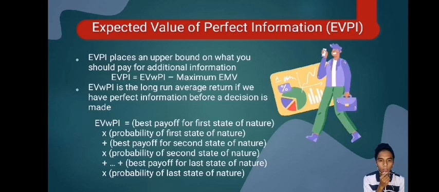Expected value of perfect information is the price that one is willing to pay to gain access to perfect information. The formula of expected value of perfect information is equal to expected value with perfect information less maximum expected monetary value.